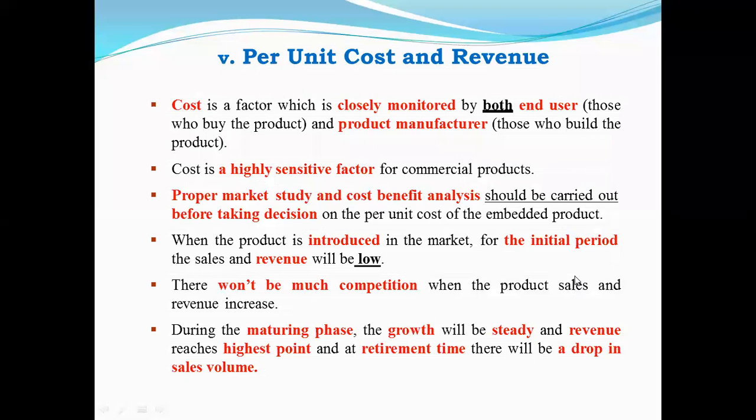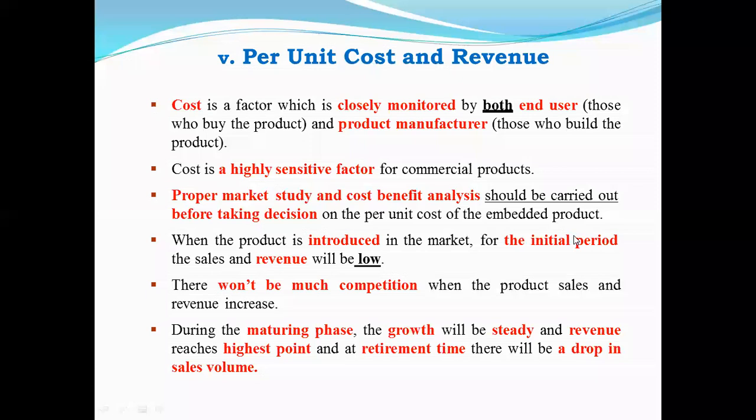Whenever you are putting it to the market, not only have you designed the embedded system, you have to do the market analysis. What should be the unit cost, and when you have to change the product design, that analysis should be done beforehand. Otherwise, there is not going to be growth in their product design.